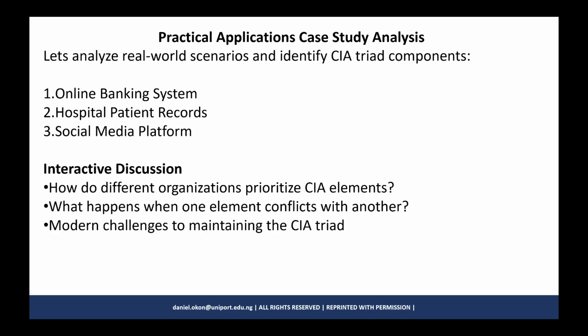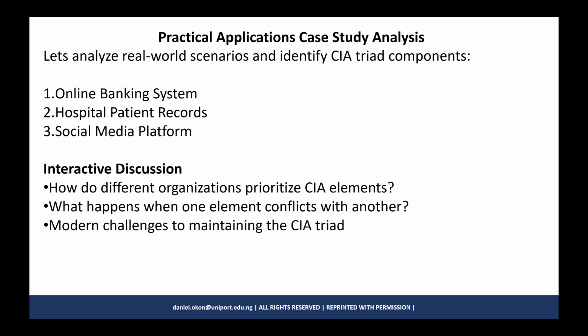Now, we are coming to the end of the third class. We go into practical analysis of the CIA triangle: online banking system, hospital patient records, and social media platform. We have 3 columns.